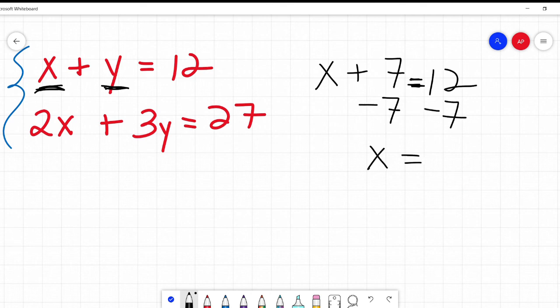X equals 5. Well, let's say if I wrote this out, instead of writing x equals 5, what if I wrote this out? X equals 12 minus 7. That's true, right? I mean, that's what I did. X equals 12 minus 7. So that's what I'm going to be doing over here, except instead of 7, it's going to be y.